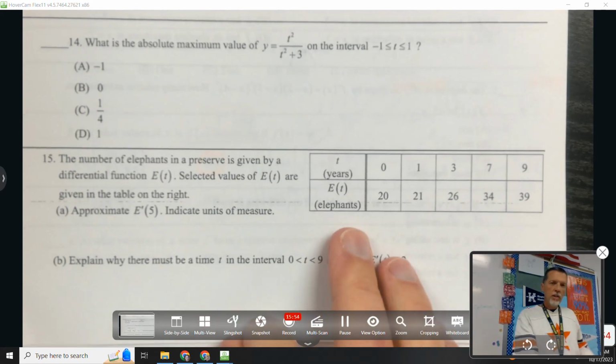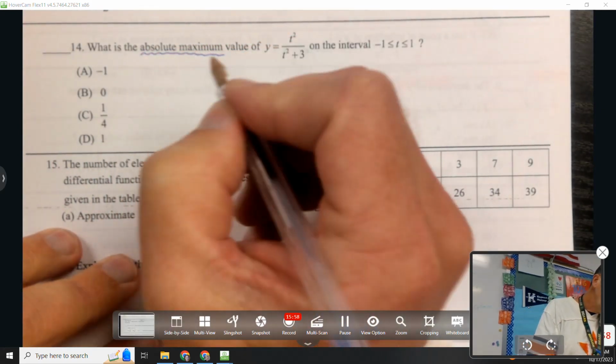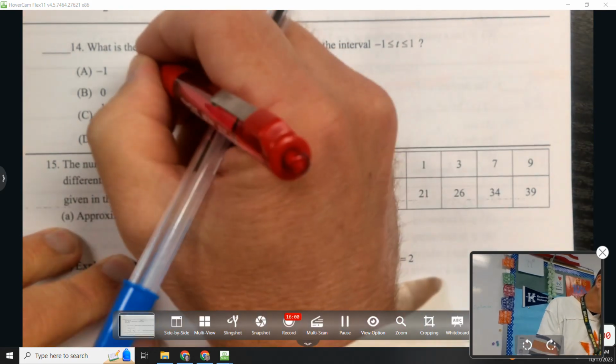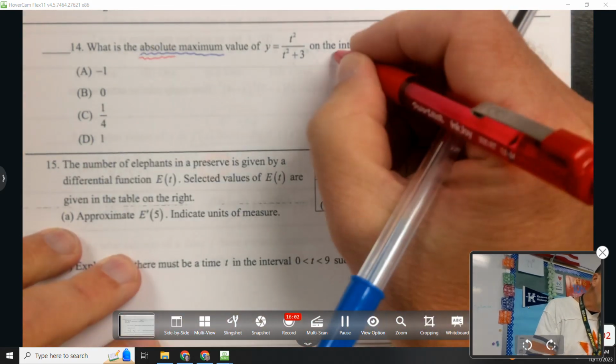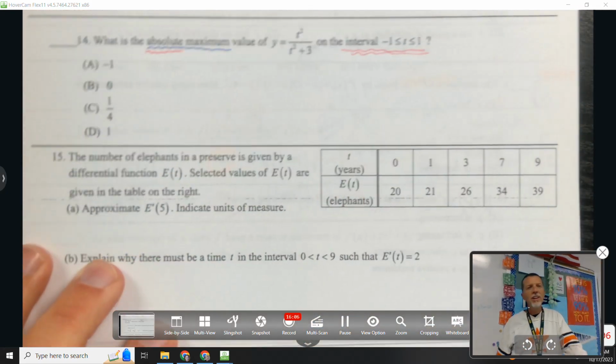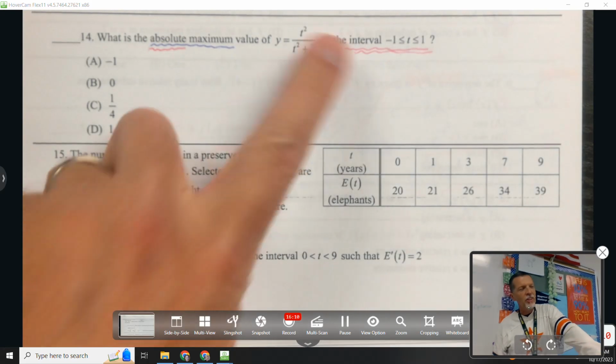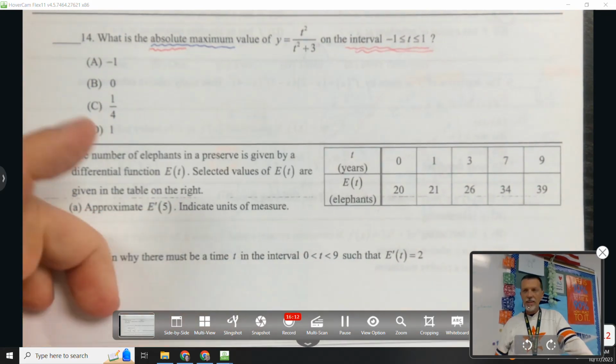14. What is the absolute maximum? So alarm bells going off in my head for that. On the interval, more alarm bells. What am I needing to do if it's absolute and if it's on an interval? Check the endpoints.